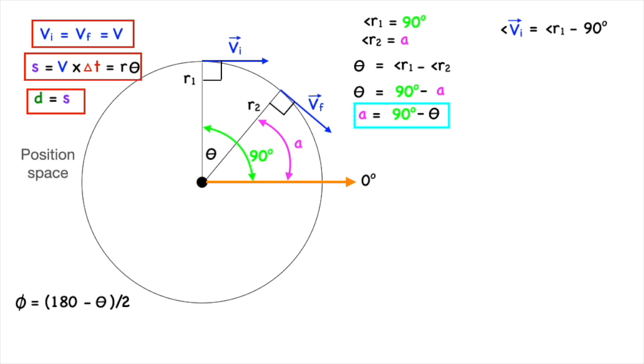In this case, the negative 90 degrees represents the clockwise rotation relative to r1. Substituting for angle r1, you can see that angle v sub I equals 90 degrees minus 90 degrees, or 0. Let's put a box around that result.